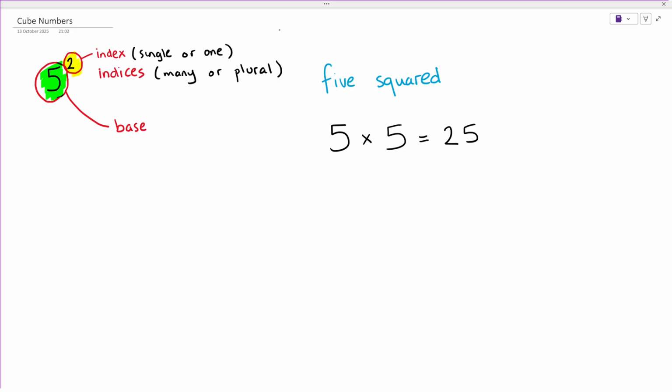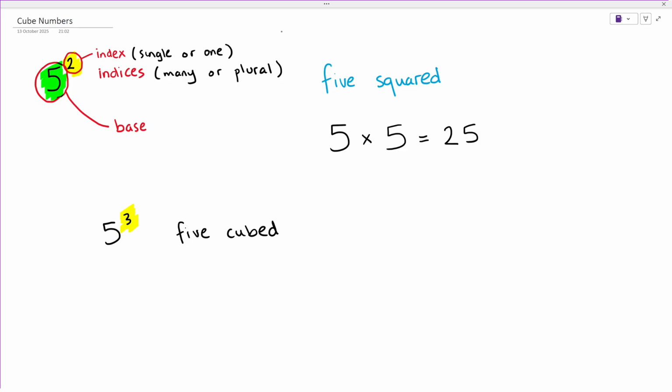Right, we're interested in 5 to the power of 3, and like we said before, we can say 5 cubed. Right, let's have a look. How many times do we write the number 5? It's that little number there, the index.